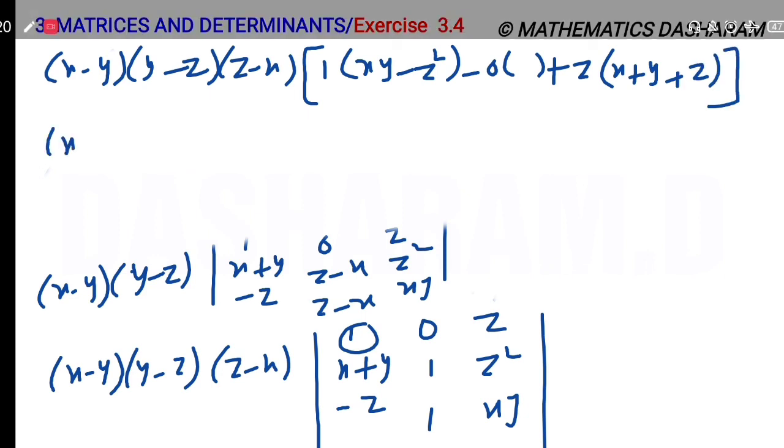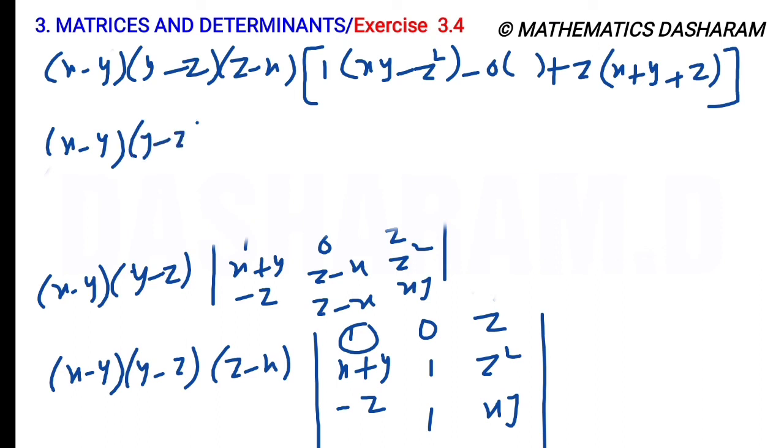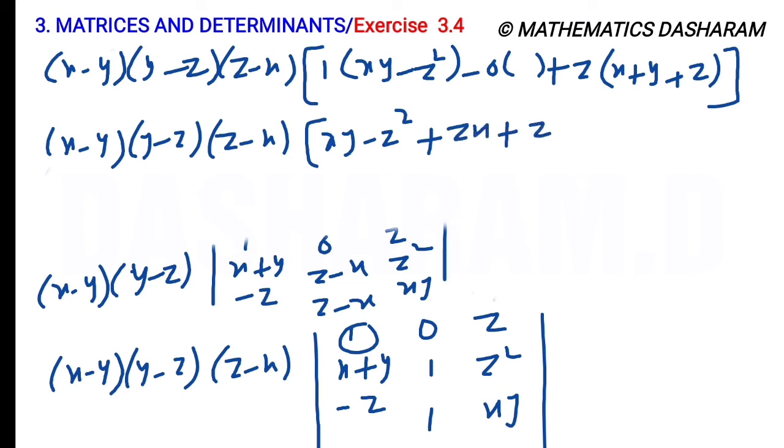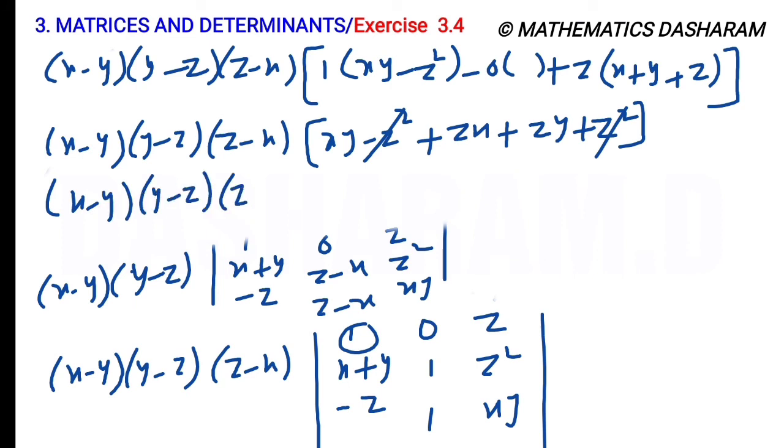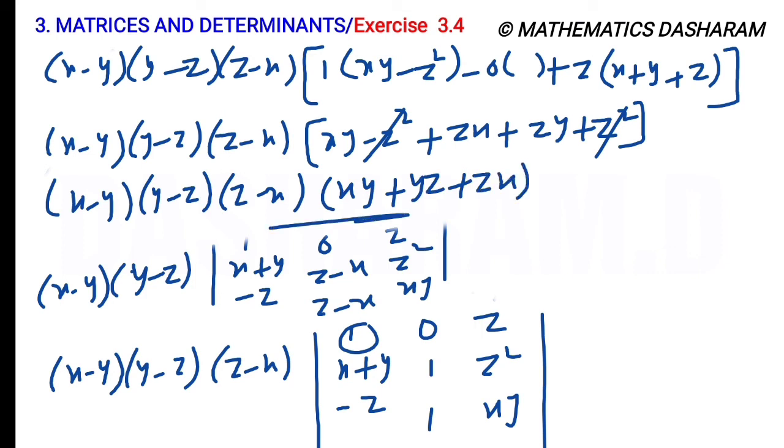So then x minus y into y minus z into z minus x. So 1 into xy is xy minus z square plus z into x. So zx plus zy plus z square. Minus z square plus z square cancel. So x minus y, y minus z, z minus x into, so here xy plus yz plus zx. So this is our required answer.